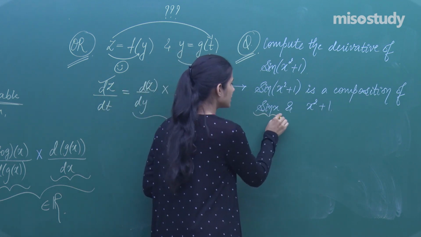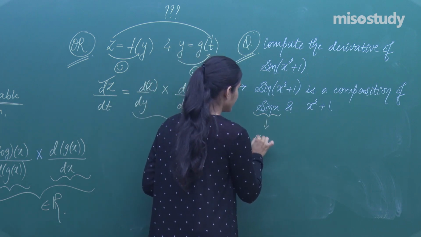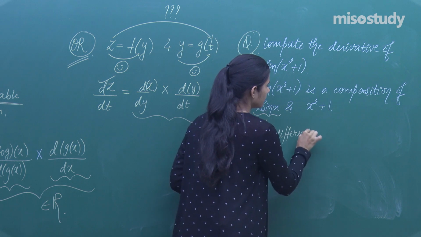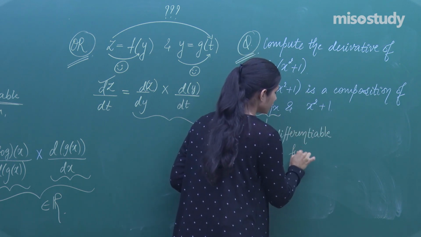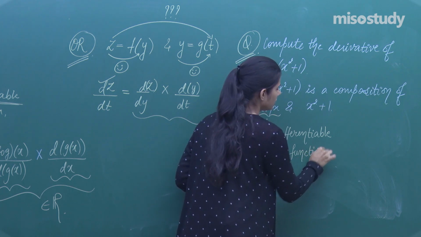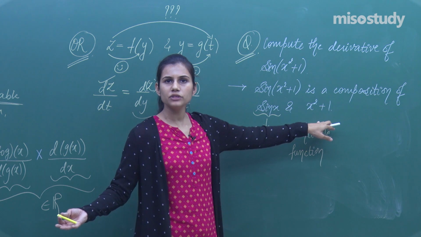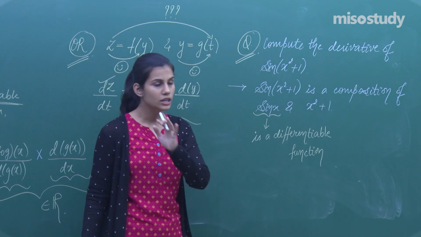Individually, if I talk about sine x, we have already proved in our previous lectures that this is a differentiable function, right? It's a throughout differentiable function. And any polynomial function is also throughout differentiable. That means it is differentiable on its entire domain, which is the collection of all real numbers.